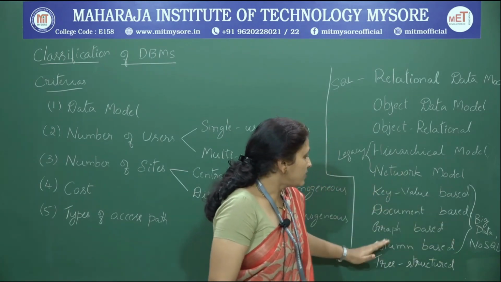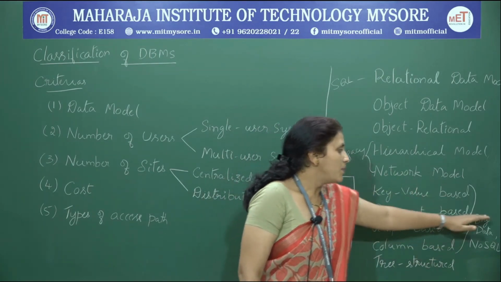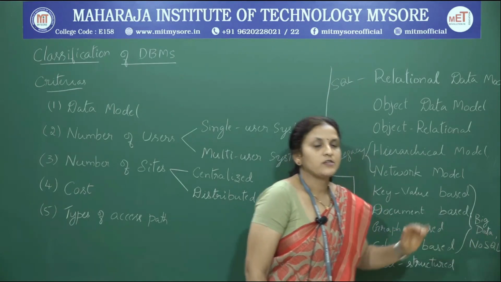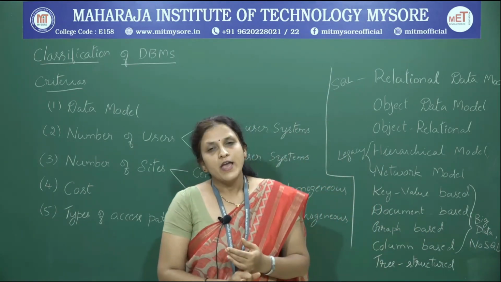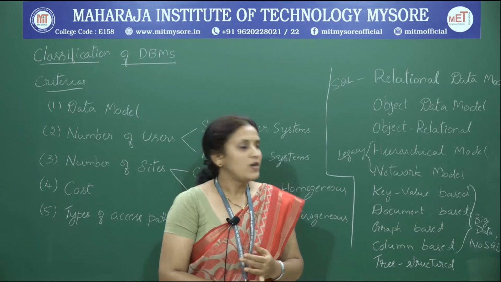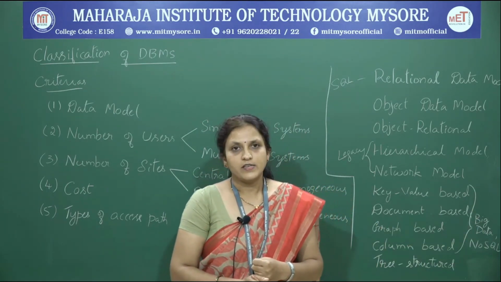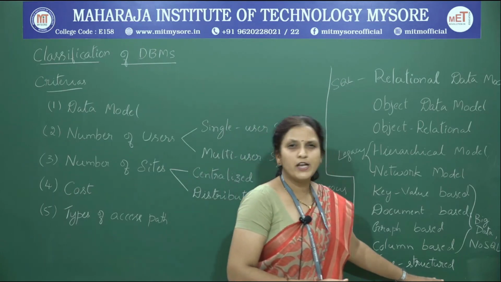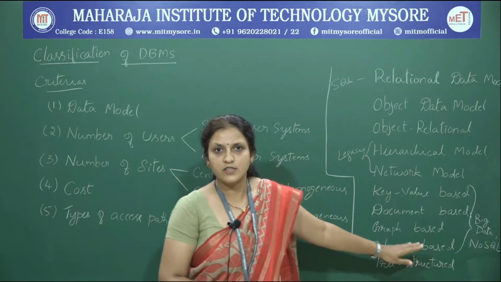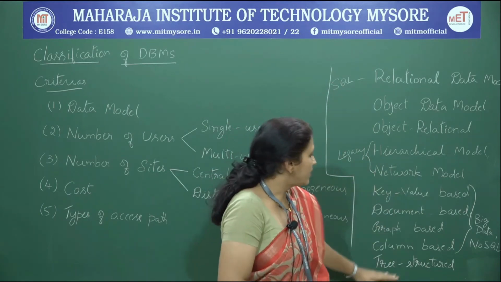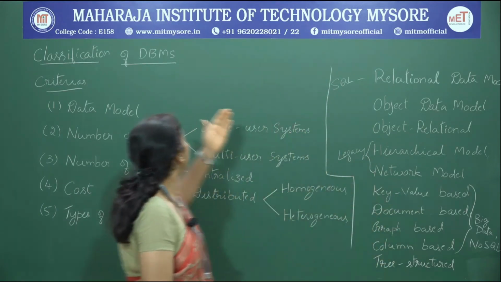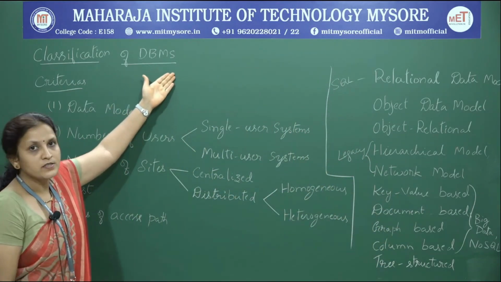All these come under big data systems and NoSQL systems, and we were introduced to the XML system, where we make use of tree structured data models. Tree structured data models are mainly used in commercial databases nowadays. So, this is about the first criterion based on which we are going to classify the database management system.